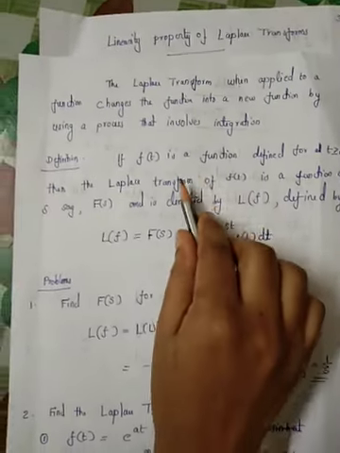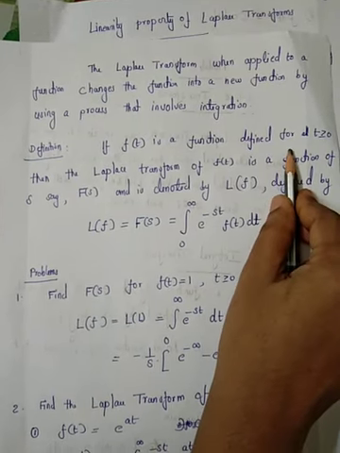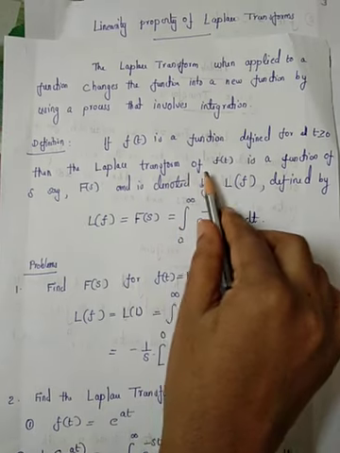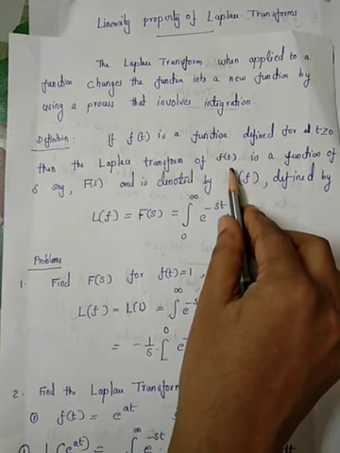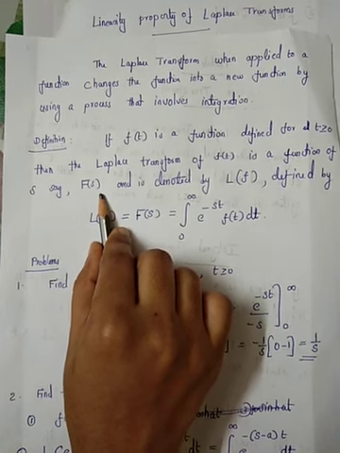That means we can define Laplace transform as: if f of t is a function defined for all t greater than or equal to 0, then the Laplace transform of f of t is a function of s and it is denoted by capital F of s.